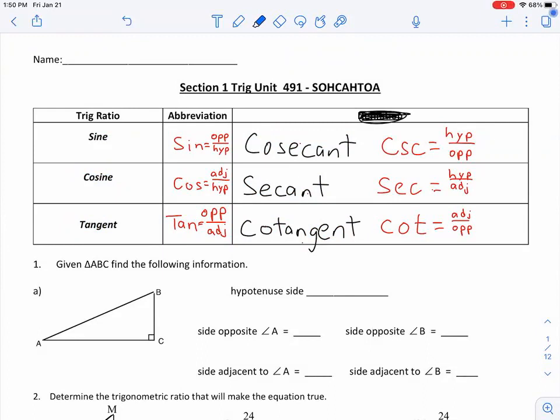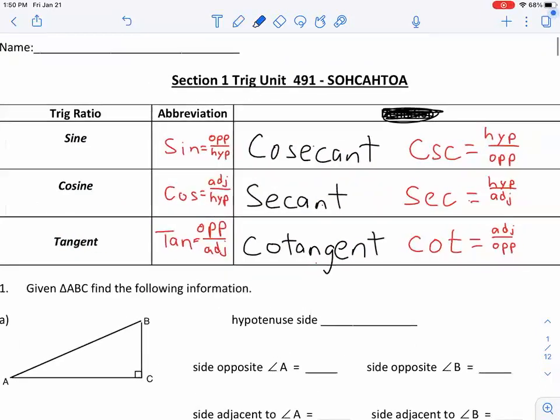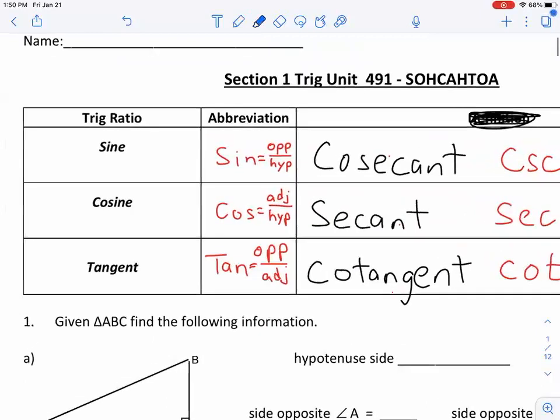One way to remember is that every pair has a co in it, like sine goes with the cosecant, as opposed to the cosine going with the secant. Students mix those up all the time, wondering whether sine goes with secant or cosecant. It has to have one co in that pair. Tangent and cotangent are not confused as often. Those fairly obviously go together.